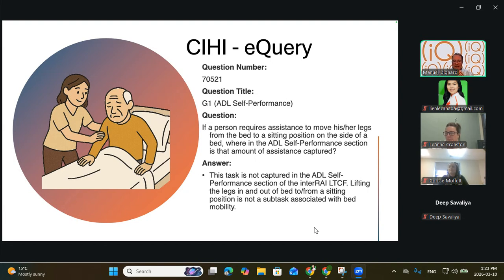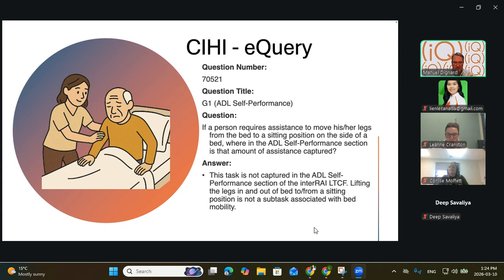Lifting the legs in and out of bed to or from a sitting position is not a subtask that's associated with bed mobility. So it's not captured anywhere. And that's the same as transfers now, right? It's not captured anywhere.